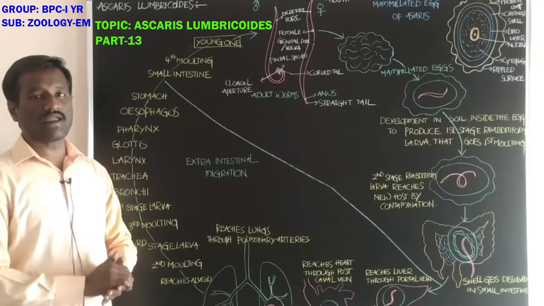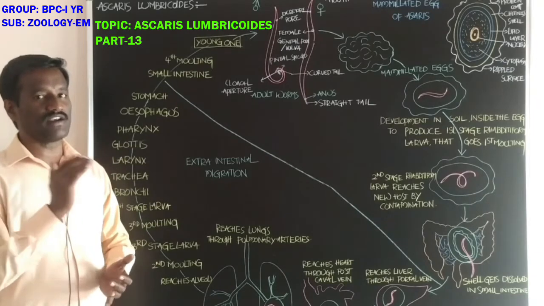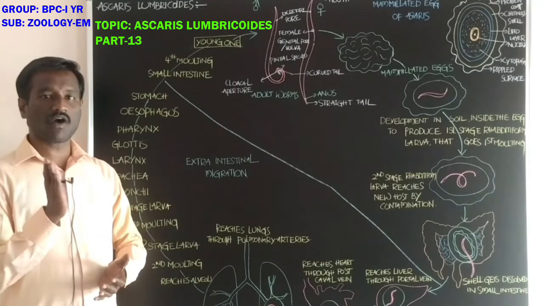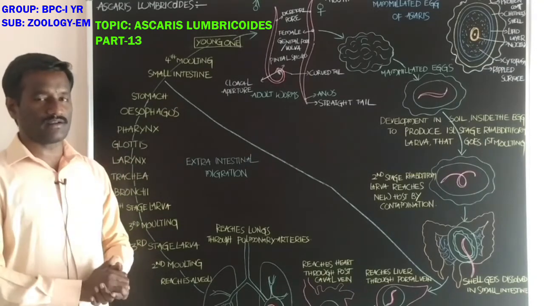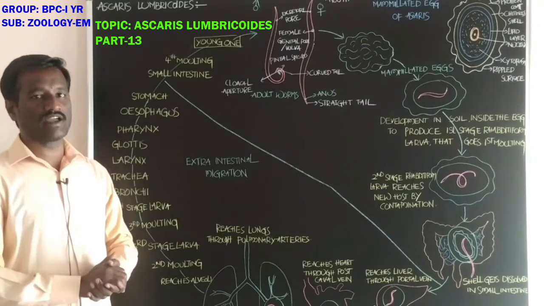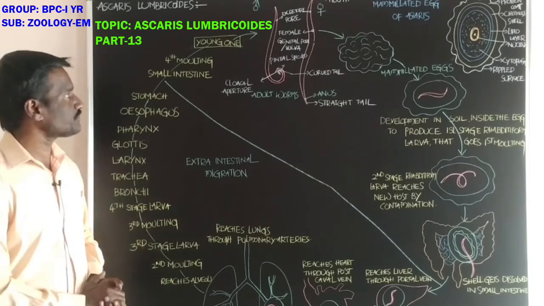It is also pseudocoelomate, as Ascaris lumbricoides possesses a pseudocoelom. So it is a dimorphic, monogenetic, enterozoic, pseudocoelomate parasite.